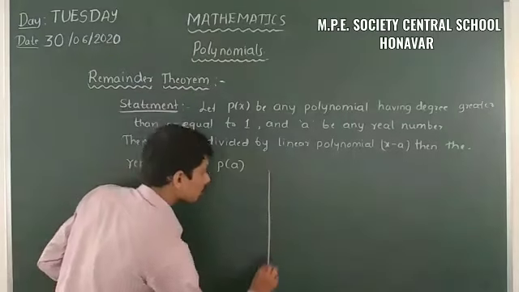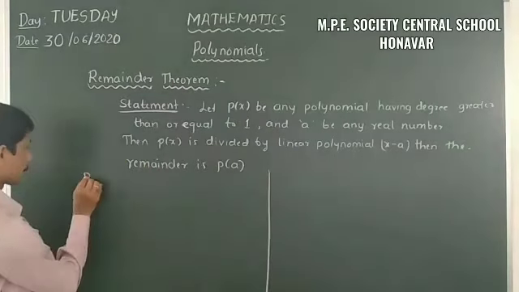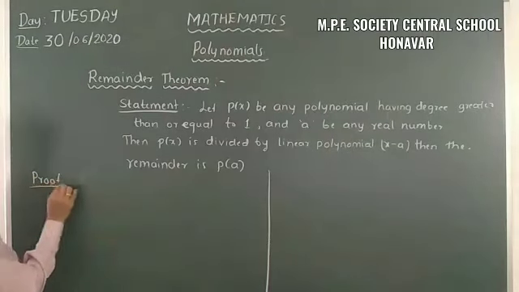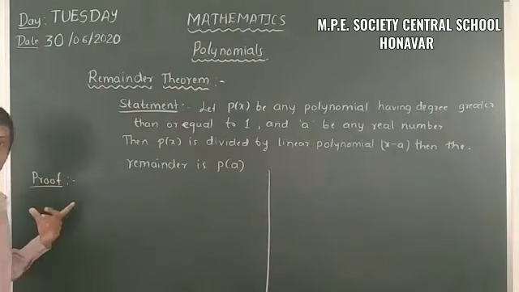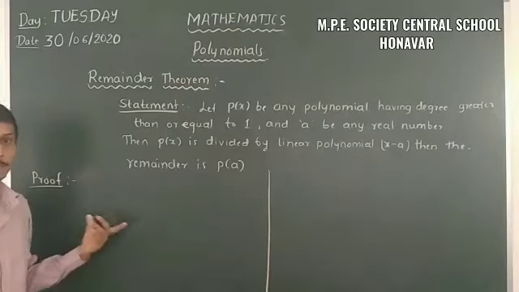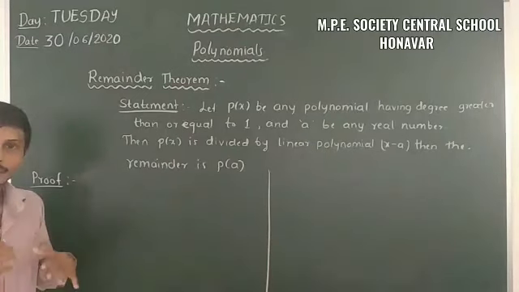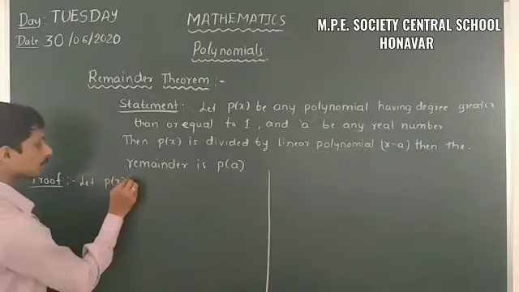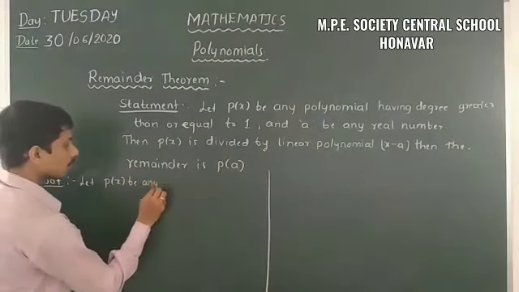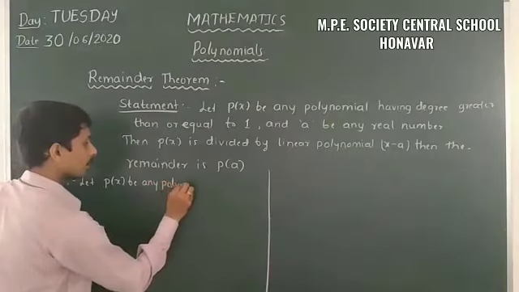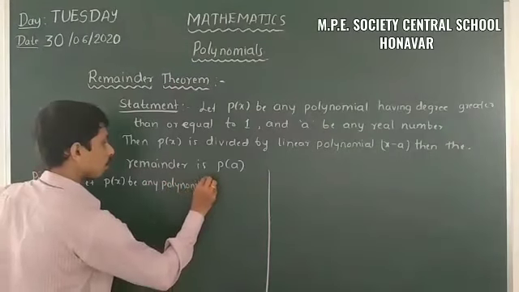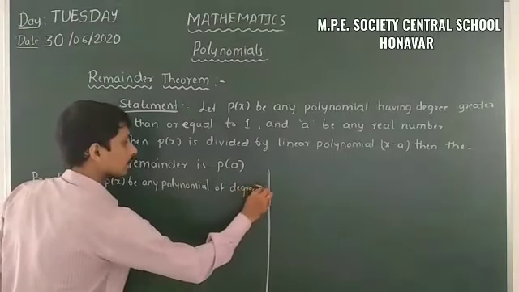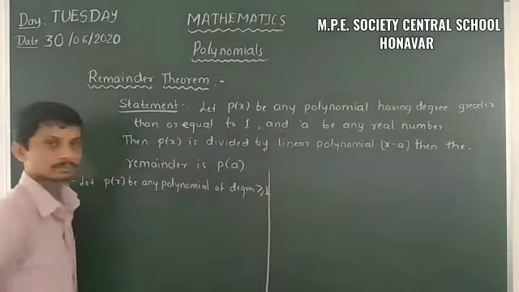Proof. We take any polynomial p of x. Let p of x be any polynomial of degree greater than or equal to 1.